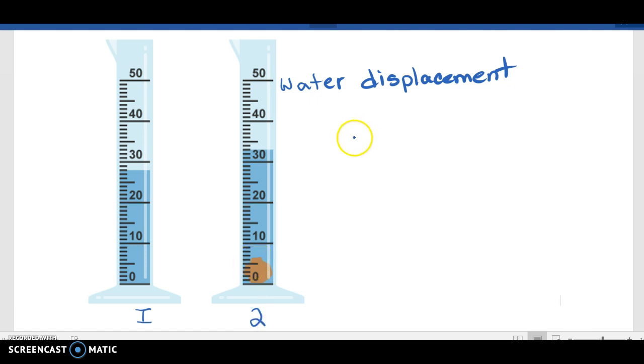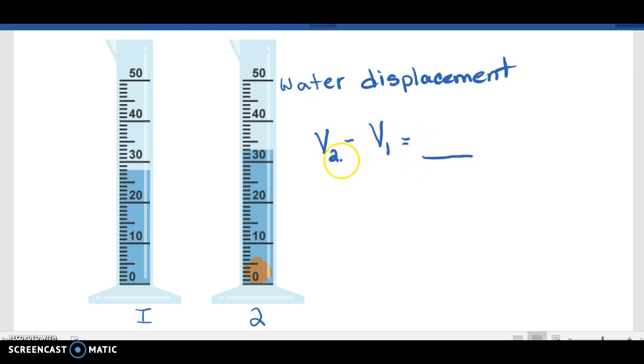So basically we're going to take the volume of the liquid in cylinder 1, volume 1, and the difference between that and the volume of the cylinder with the object in it, which I'll call volume 2, and I'll put that first because that's going to be a bigger volume, and we're going to subtract and get the difference.